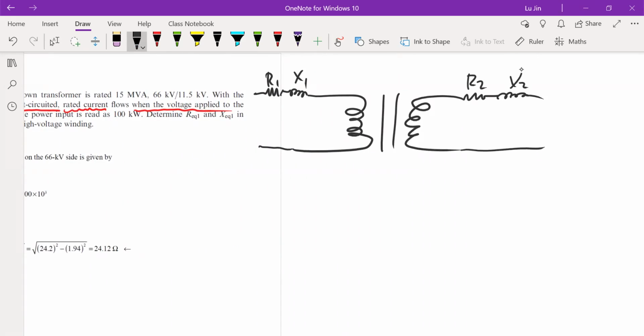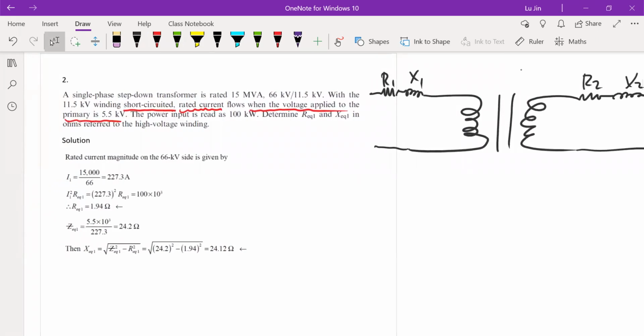Okay, this transformer. For this question, the secondary side is short circuited. Why do we say this is the secondary side? Because the question says the 11.5 kilovolts winding.